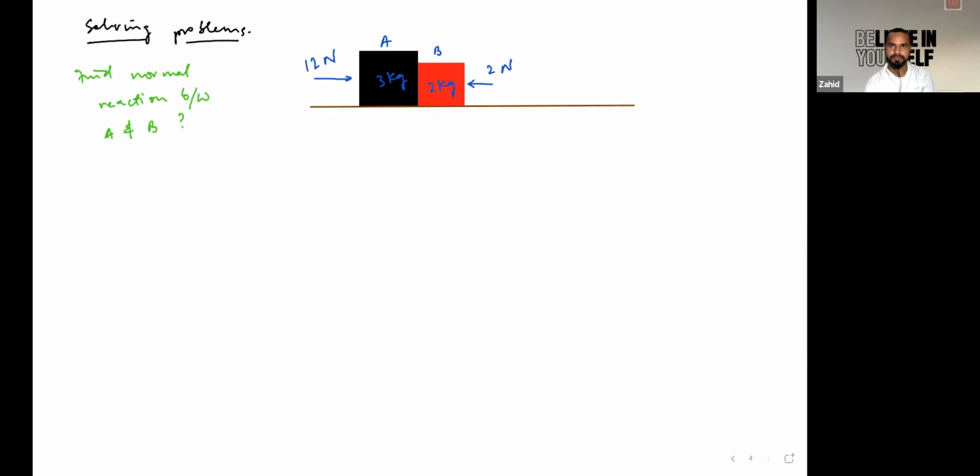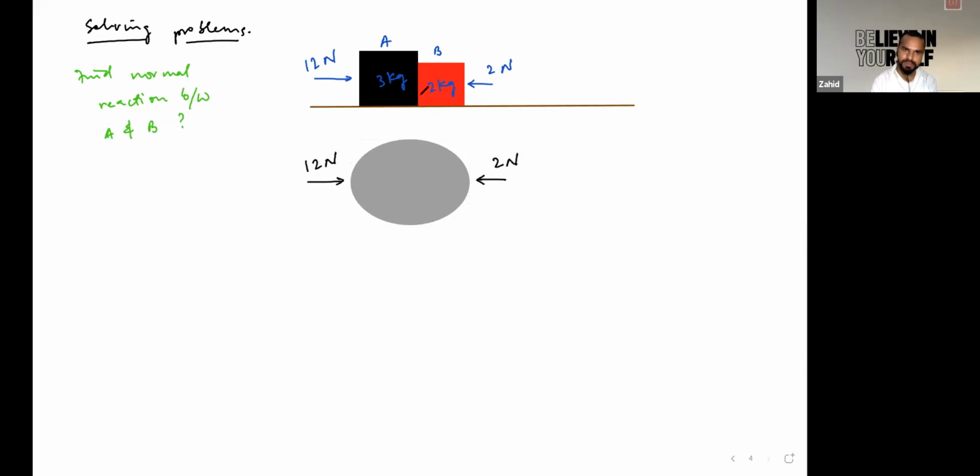For any problem, first of all, take this entire system to be one block system, like this. And then apply the forces. So we have one force along this direction, which is 12 Newton, and one force along this direction, which is 2 Newton.